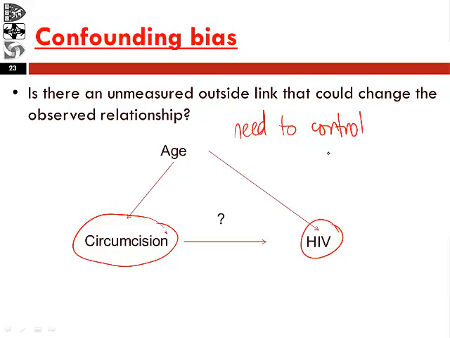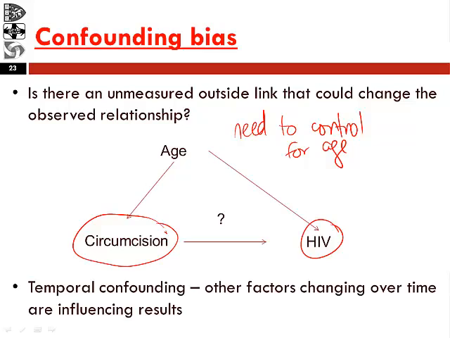If this is true, we need to control for age in order to better understand the relationship between circumcision and HIV. So if we just ignore age, we will have a bias. If we control for age, then we can remove that bias from our study.